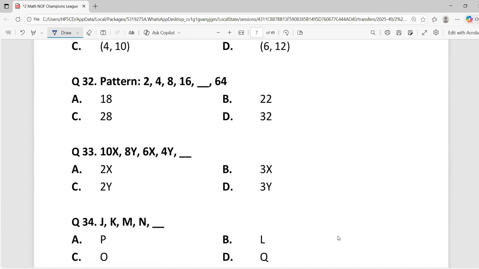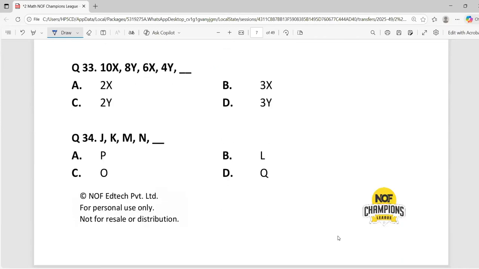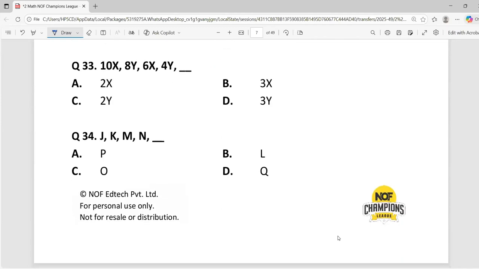32. Pattern 2, 4, 8, 16. So what will be our next? 2 twos are 4, 4 twos are 8, 8 twos are 16, 16 twos are 32. So option D is the correct answer for the 32nd question. Next, 33. See here: 10x, 8y, 6x, 4y.